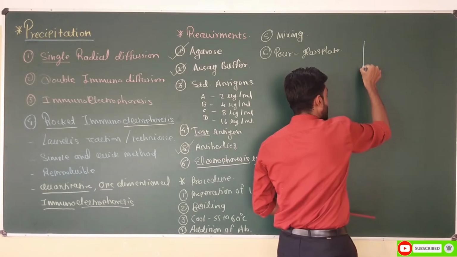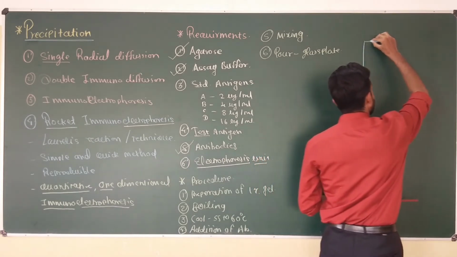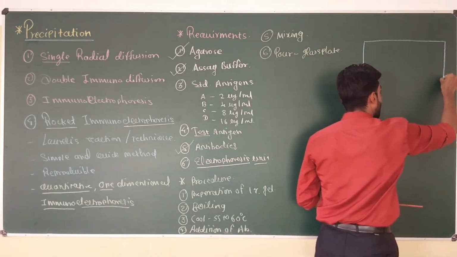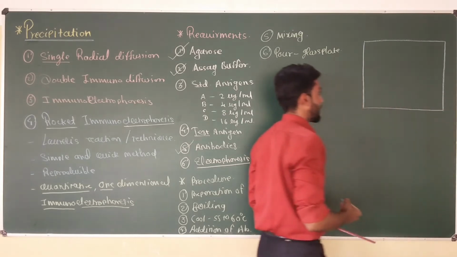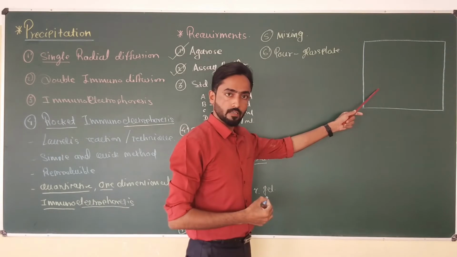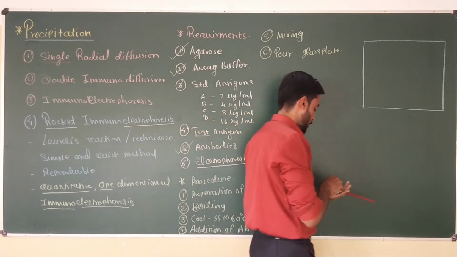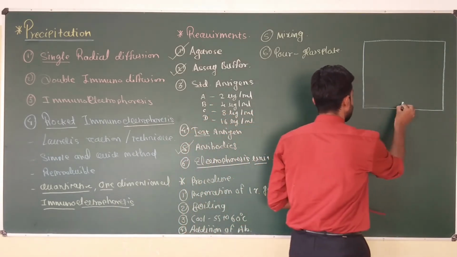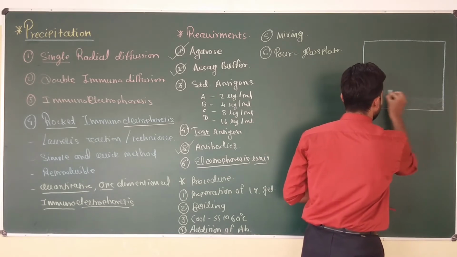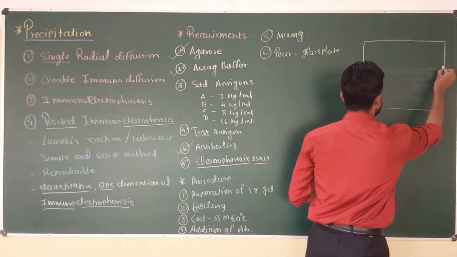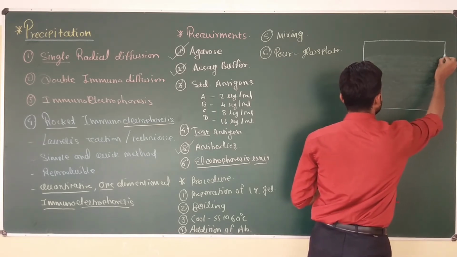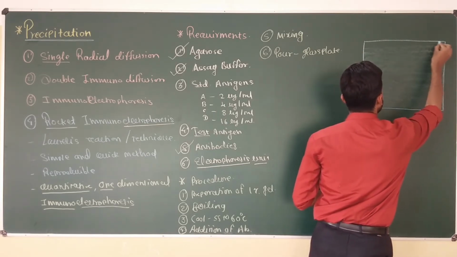Suppose this is the glass plate, which should be clean and dry, and now on this glass plate you are going to pour this gel. Remember that this gel contains antibodies.